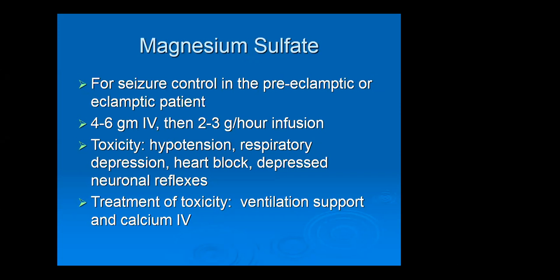So rather than depressed neuroreflexes, as this says, you'll see on exams, loss of deep tendon reflex. And the treatment then for a magnesium toxicity is ventilatory support, and then treat them with calcium IV. Most people carry the calcium chloride, some calcium gluconate. Usually it's chloride because it's cheaper.